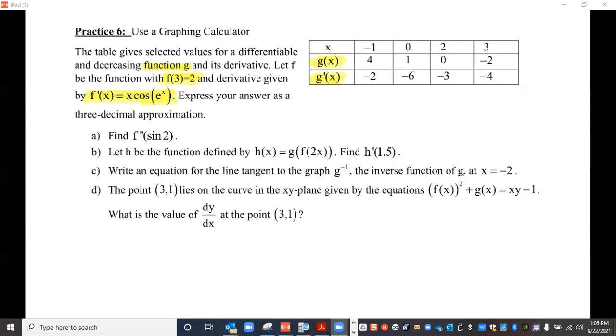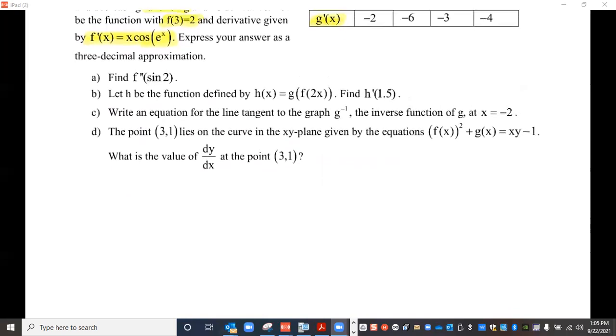So look at part A. Part A is asking me to find f double prime of 2. Again, remember, this is a calculator question, so you should not be doing any work by hand. Because remember, sine of 2 is just a constant. So I can plug and chug into my calculator, let my calculator do this work for me.